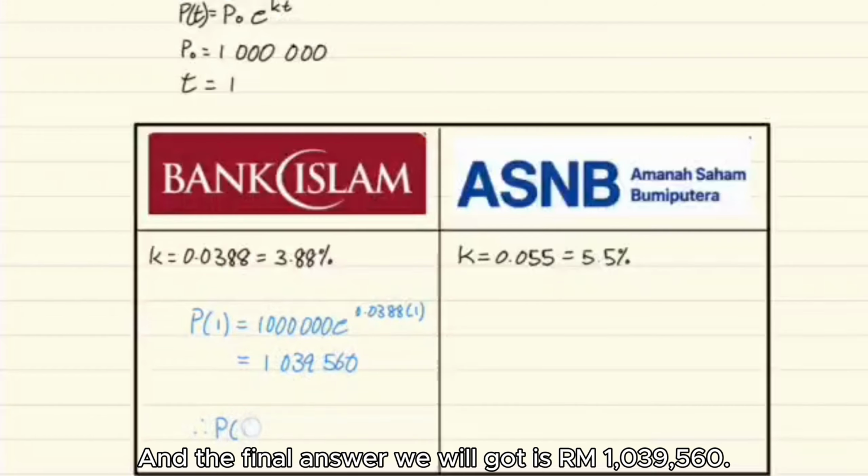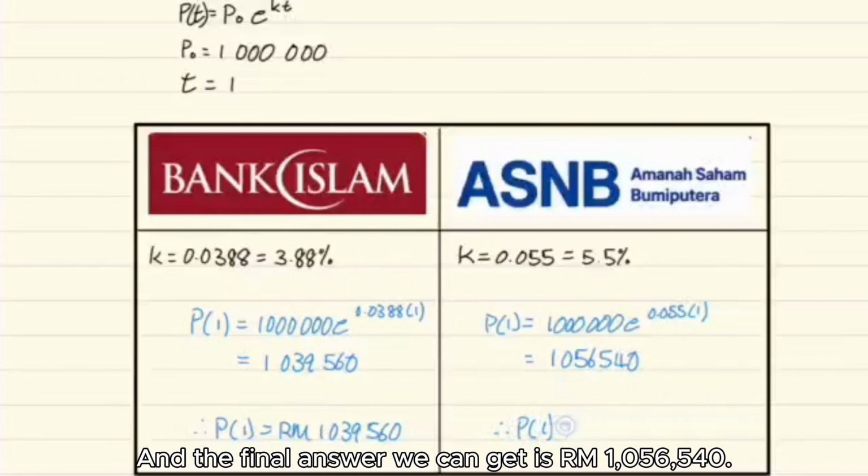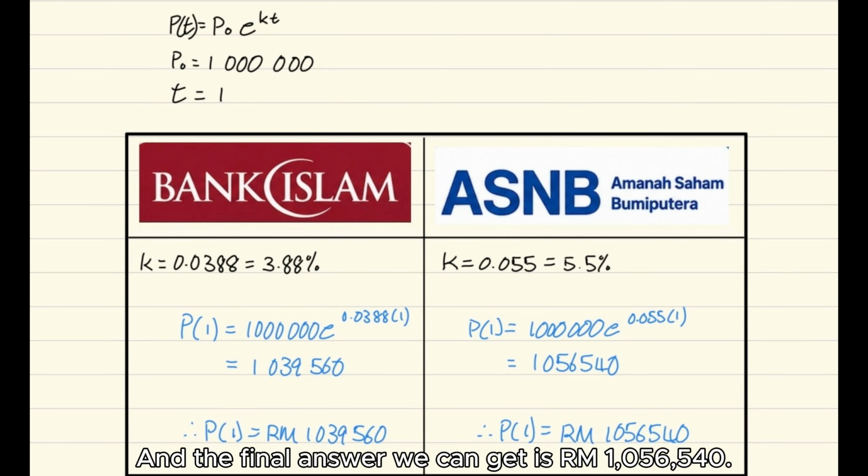And the final answer we will get is RM1,039,560. For the ASB fund, the interest rate is 5.5%, so we can substitute k with 0.055, and the final answer we will get is RM1,056,540.